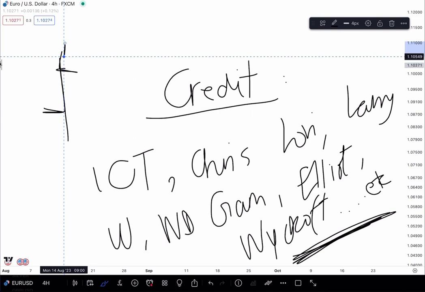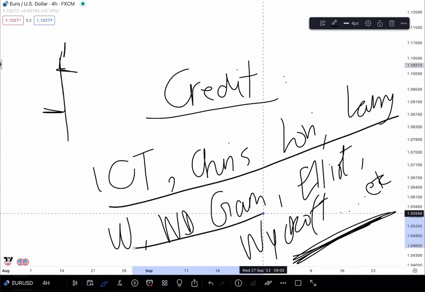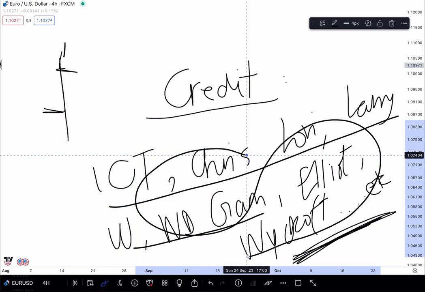And before any of you say, ICT this, ICT that, go and read about everyone else, right? And many more, by the way. But these are just some major, notable people. Before you open your mouth with parroting nonsense, and this is specifically aimed at a few people, go study and read the other people who existed in this field, which is trading.